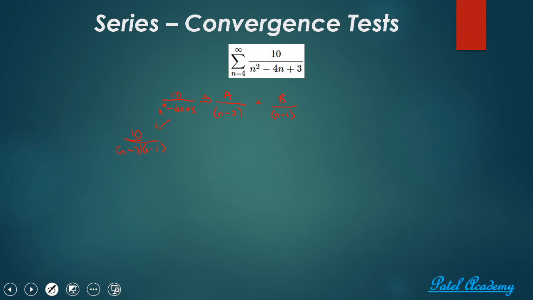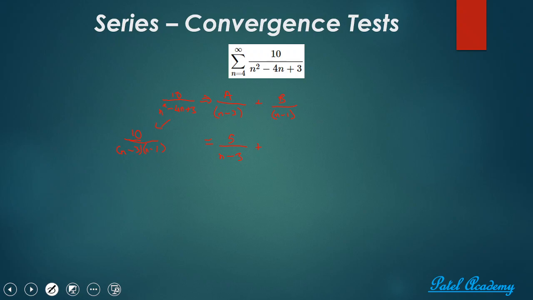What the cover-up method says is that, if I'm going to take this first term, A over n minus 3, what makes the denominator 0? Well, n minus 3 is 0 when n is 3. In the original, I'm going to cover up the n minus 3 term and plug in the value 3. So if I cover up the n minus 3 term, I'll be left with 10 over n minus 1. Plug in 3, I get 10 over 2, which is 5. So this is 5 over n minus 3 plus, same thing I'm going to do with this second term.